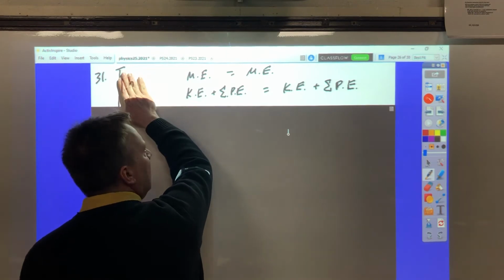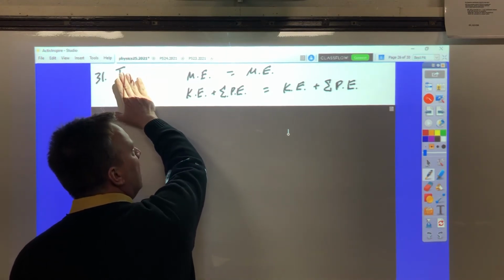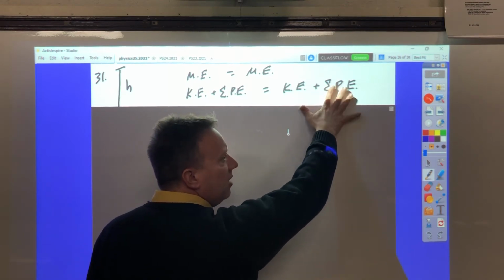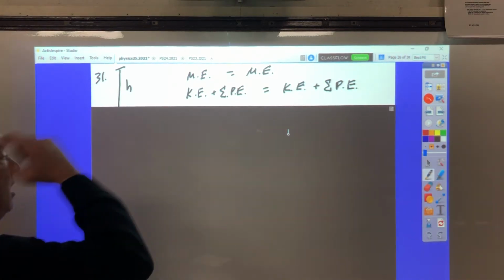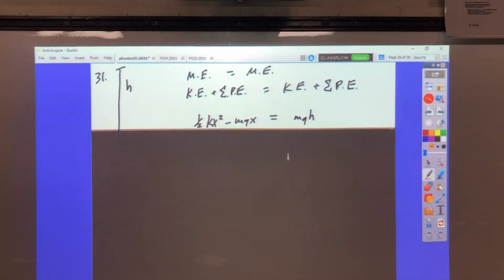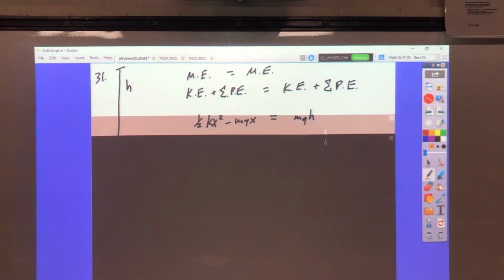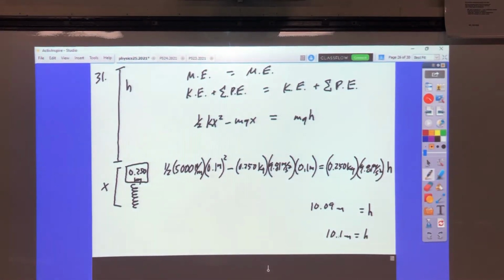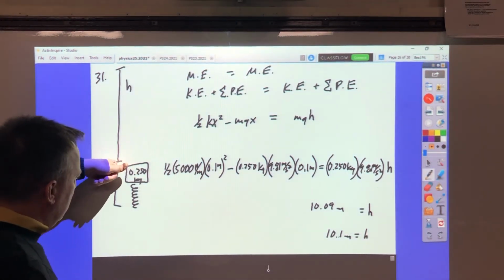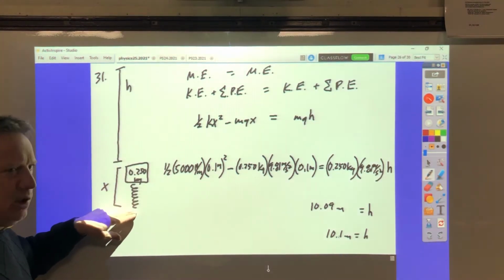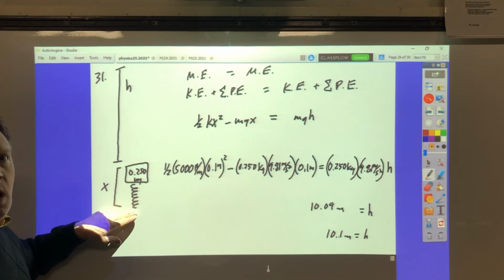So whatever kinetic and potential energy you had to start with is equal to the kinetic and all the potentials you have to end with. We don't even really need the kinetic in here, because when you push this guy down, you are going to do the work to push that down and latch it. Gravity's not going to do any of that.